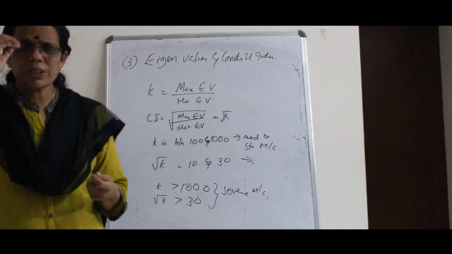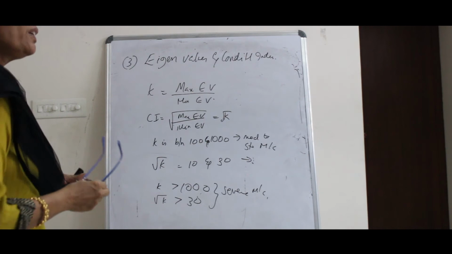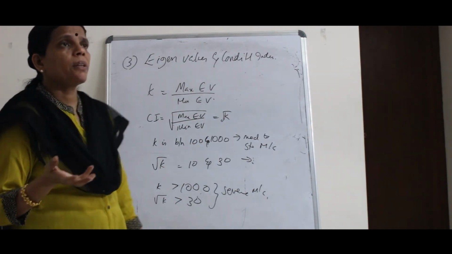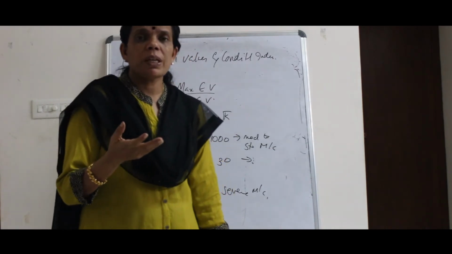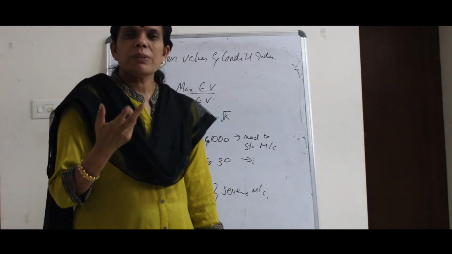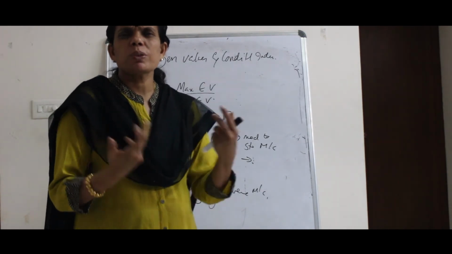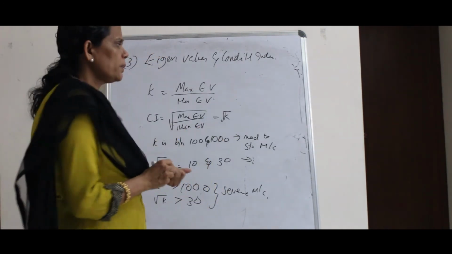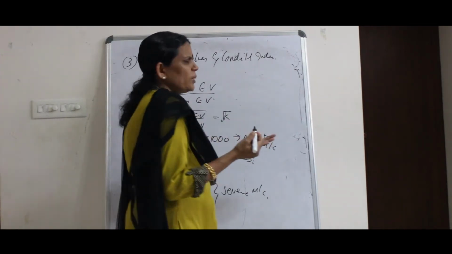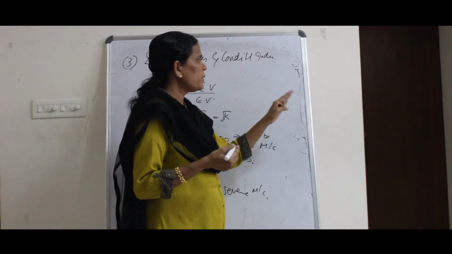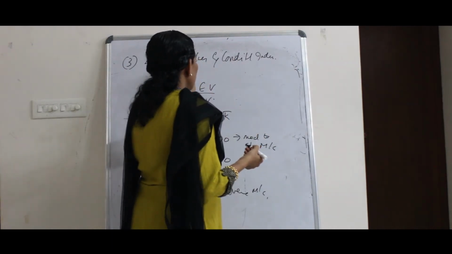Eigenvalues, I hope you have studied in matrices, along with positive definite and positive semi-definite matrices and the rank of the matrix. I don't know whether you have studied or not, but in matrices you will have to study eigenvalues.